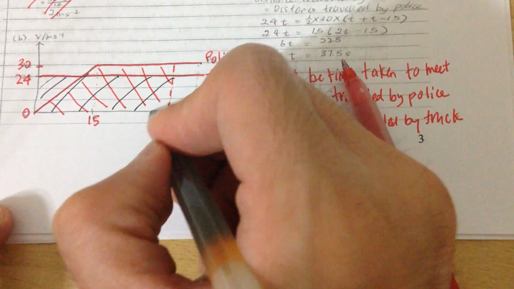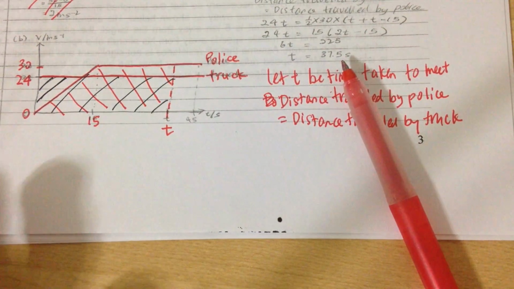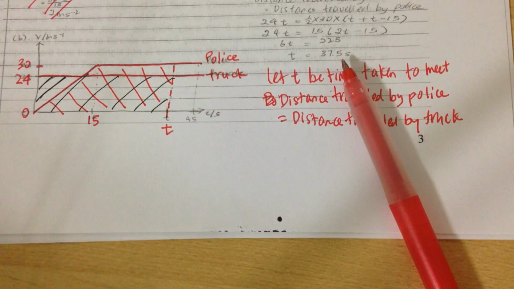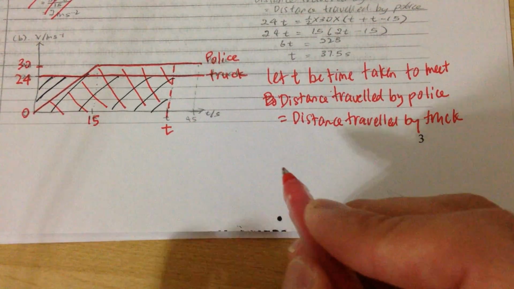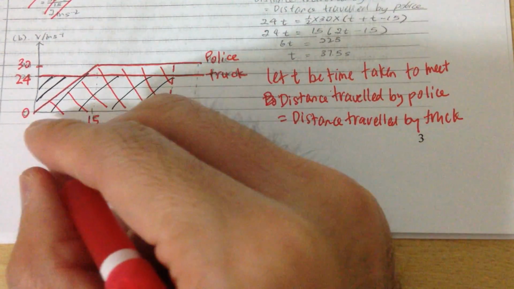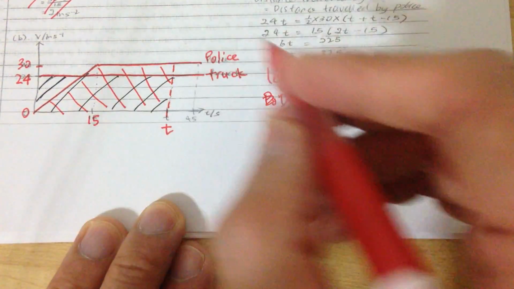Take note of the difference between the two shaded regions. The shaded region basically represents the area under the graph covered by the two vehicles. So for the police, let's use a more simplified way of doing a triangle and a rectangle.